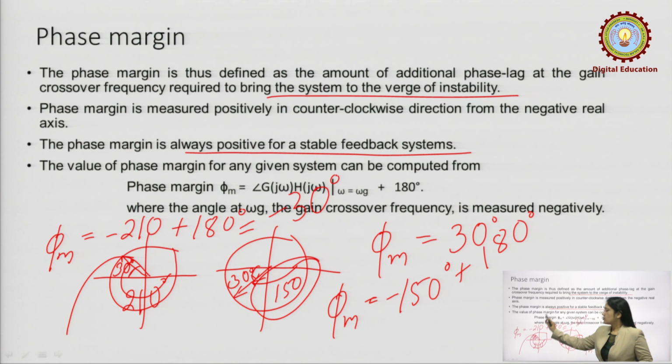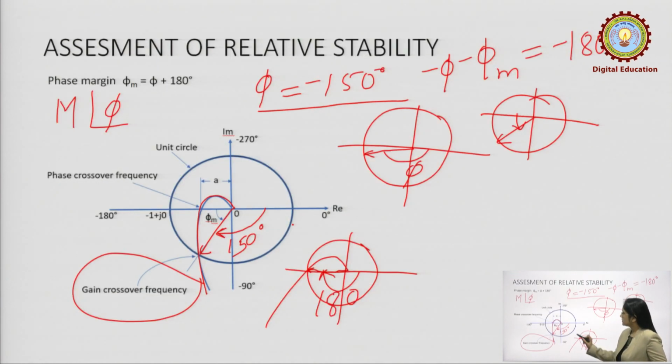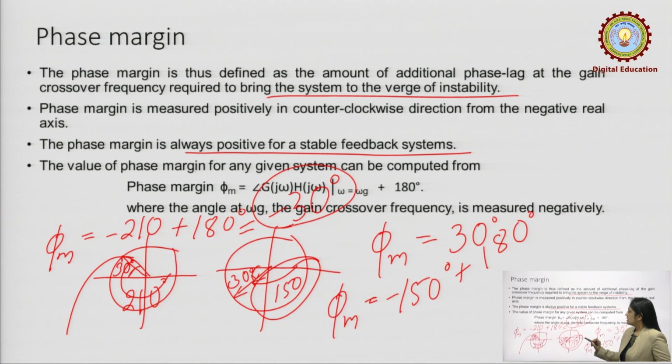That means, if it is now crossing that minus 180 degree axis, the phase margin becomes negative. So, for a stable system, the phase margin is always positive, measured from the negative real axis in the counterclockwise direction, in this direction, as I have shown with the arrow here. If the phase margin is negative, it means the system is unstable.